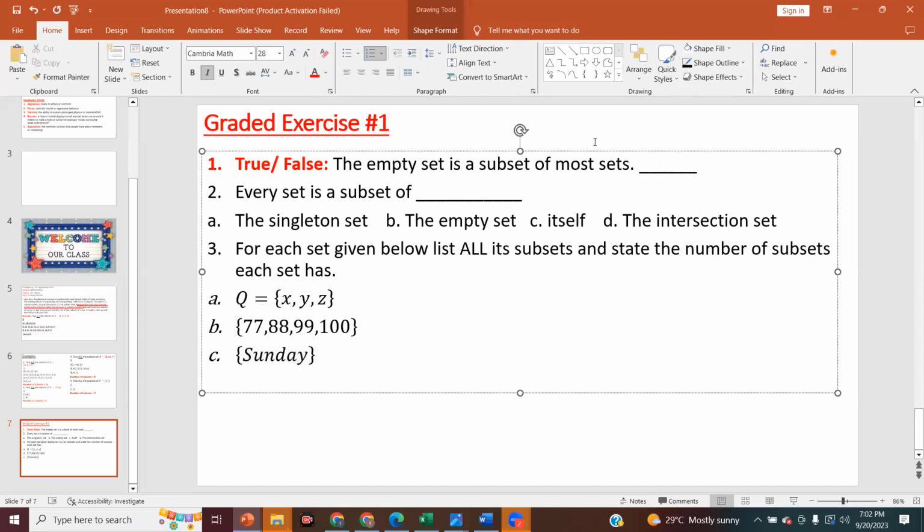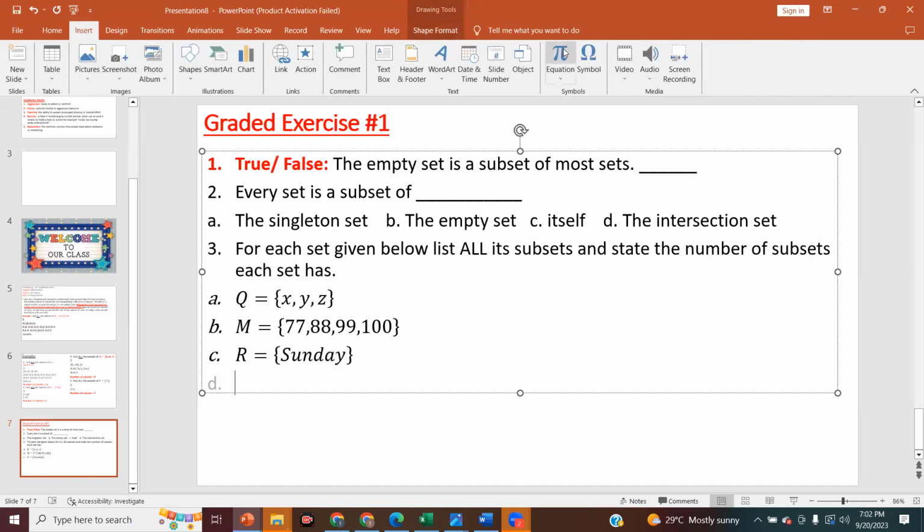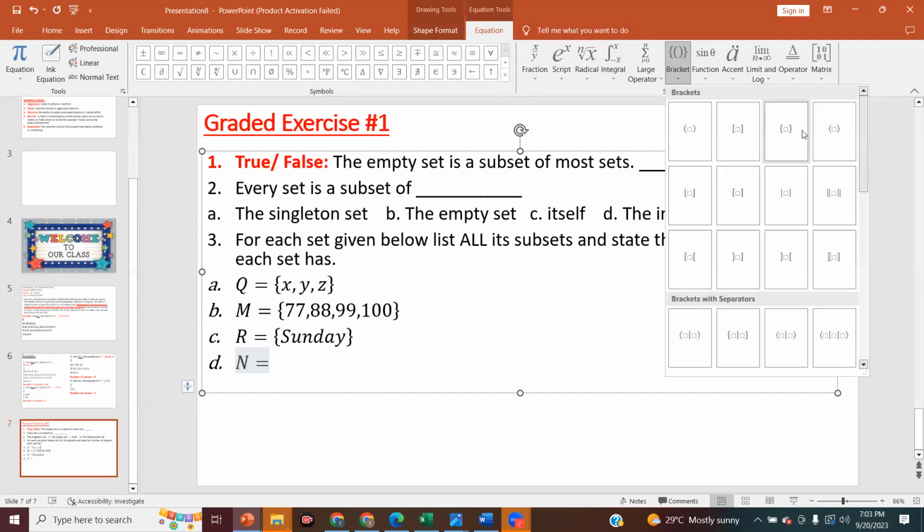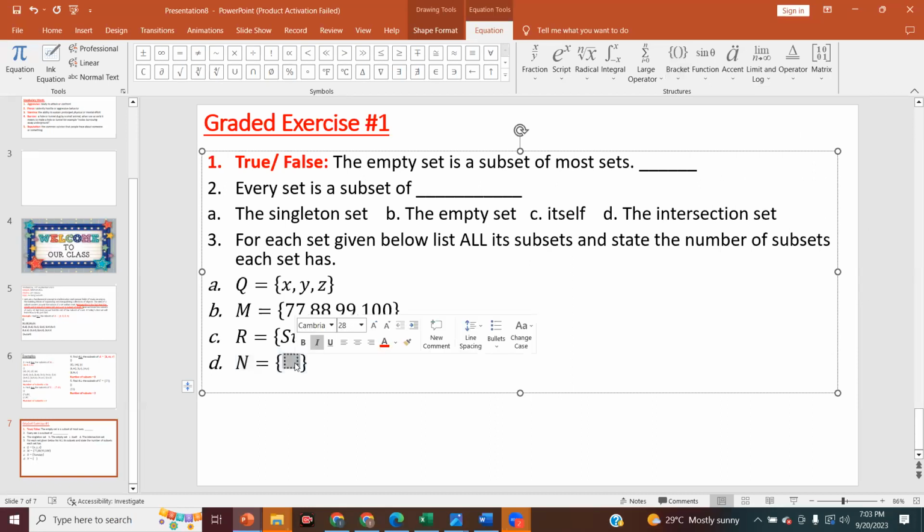I didn't give this set a name, so let's call this set M. Set M is equal to, and finally, let's call this one N is equal to 2, 4.